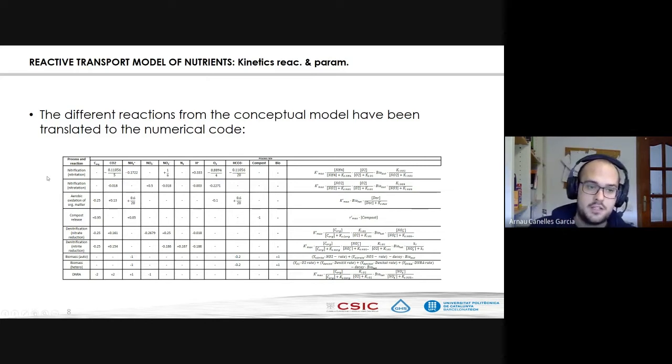For example, in the case of nitrification, we have to take into account the presence of ammonia and the saturation dynamics, the presence of oxygen, because it depends on oxygen, but also the autotrophic bacteria that depend on this nitrification, and including the nitrate inhibition process.